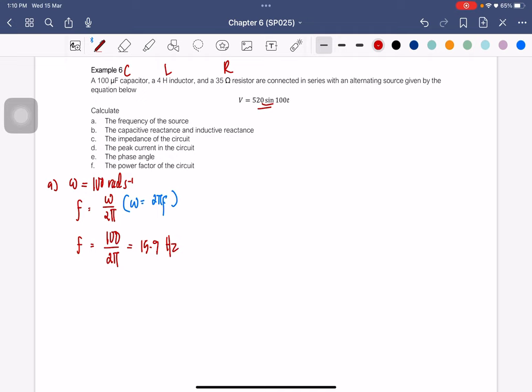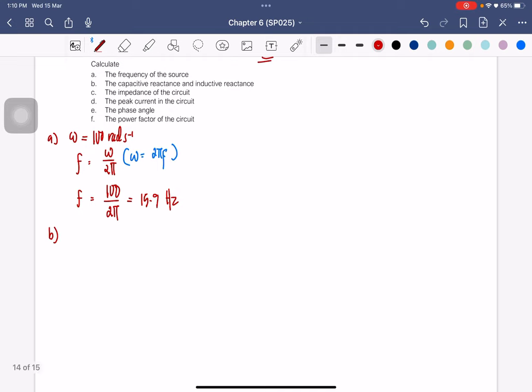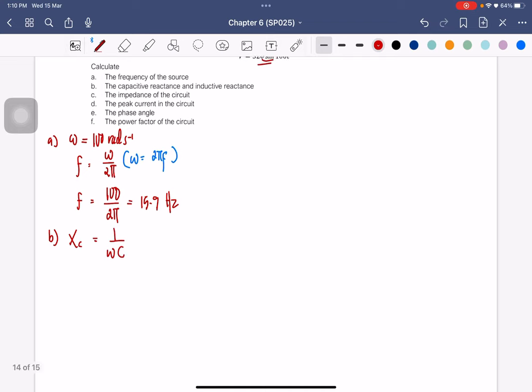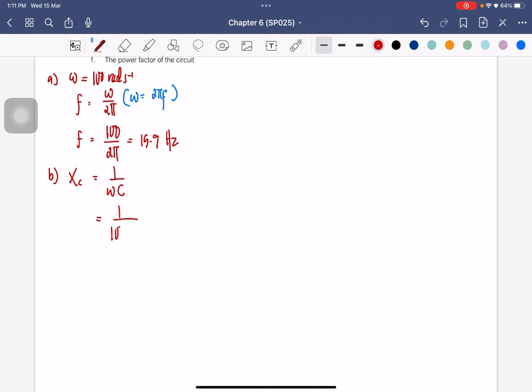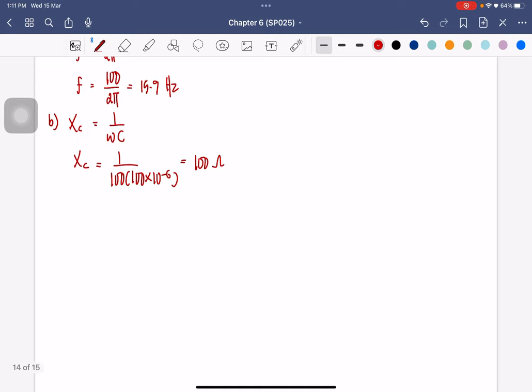Right? Question B pula, the capacitive reactance and inductive reactance, that is just XC equals 1 over omega C. Kenapa kita guna omega? Sebab omega sudah kena bagi dalam soalan. So senang sikit lah kita mau kira. So that is 100 pi, C is 100 micro. So kamu akan dapat 100 ohm as the capacitive reactance.